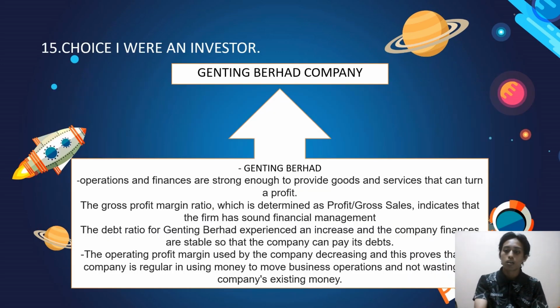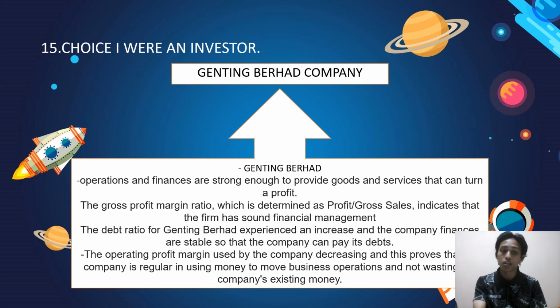Lastly, if I were an investor, I would choose Genting Berhad for these reasons. One, its operating and finance are strong and it provides good goods and services that can return a profit. Next is the gross profit margin ratio, which indicates that the firm's financial management is good and stable.